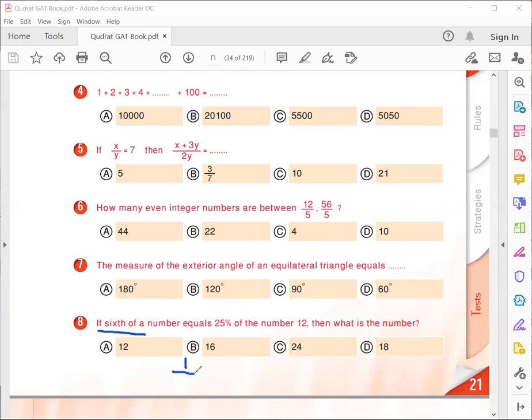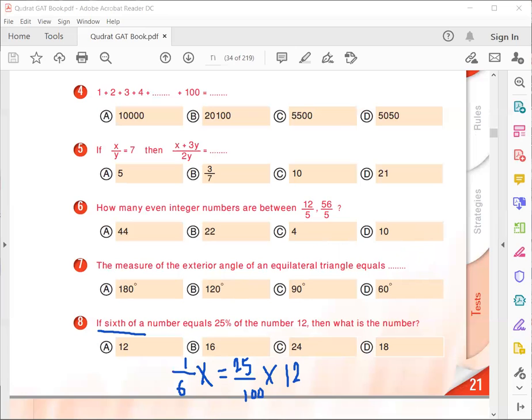I write 1 over 6 of any number, 1 over 6 x equals 25% of the number 12. So I put it here, 25 over 100 times 12, like this, right? Then I solve the problem.